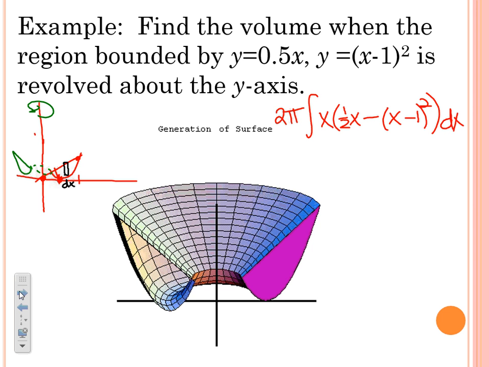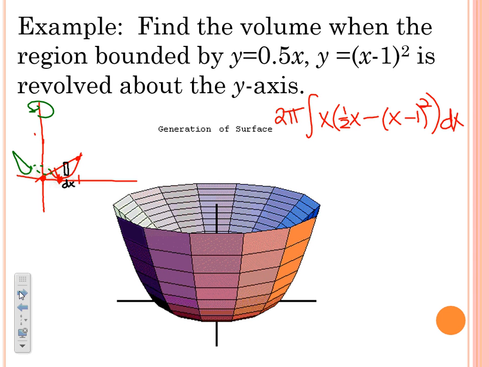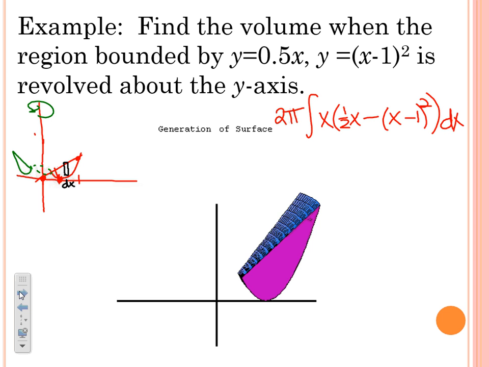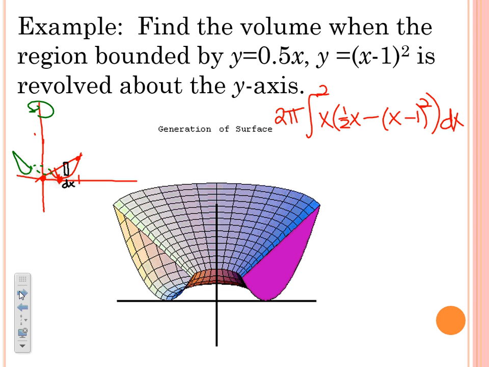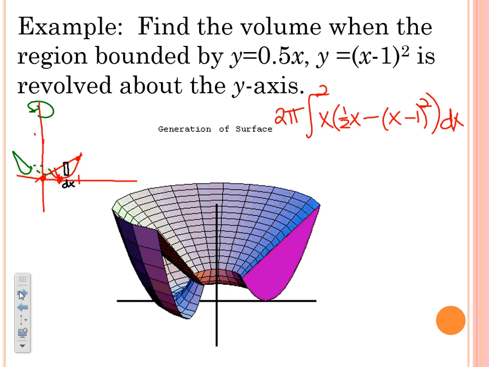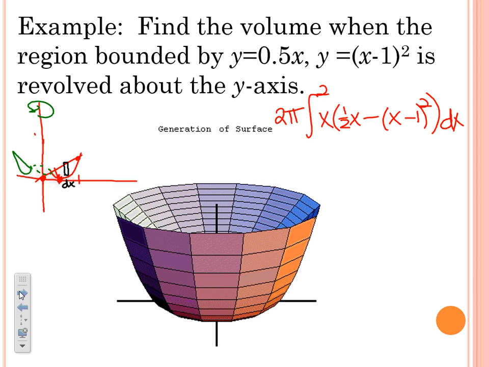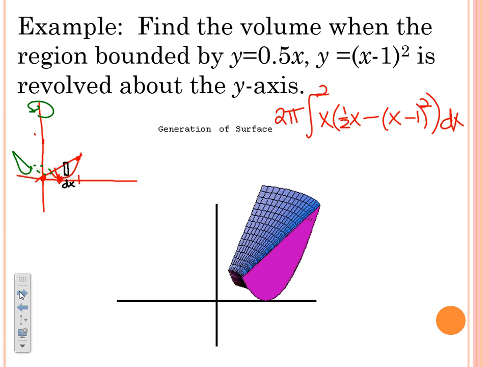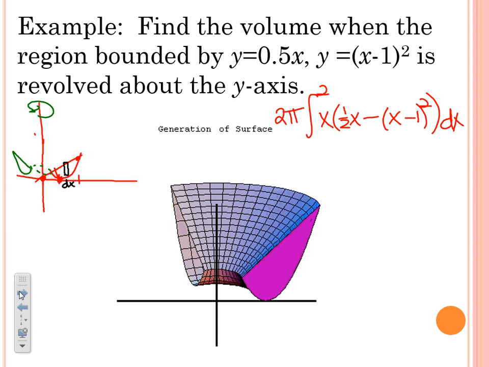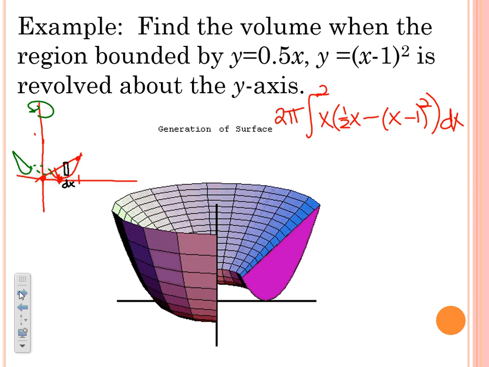What are our limits of integration? What are the intersections? Well, the top one is 2. The bottom one is between 0 and 1. How about 1/2? How could we check to see if it is 1/2? What's 1/2 times 1/2? 1/4. And what's 1/2 minus 1, squared? 1/4. So is that the intersection point?